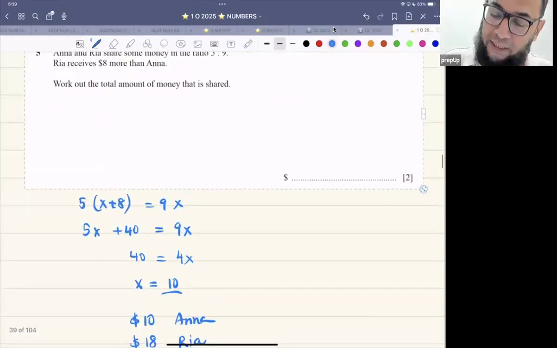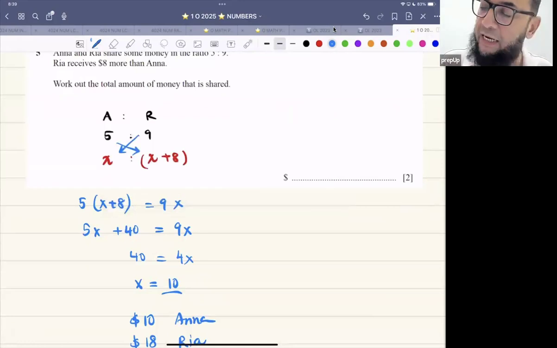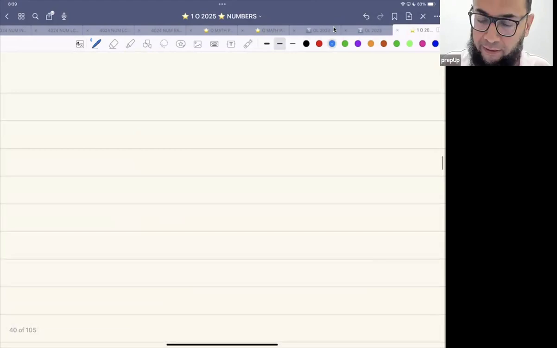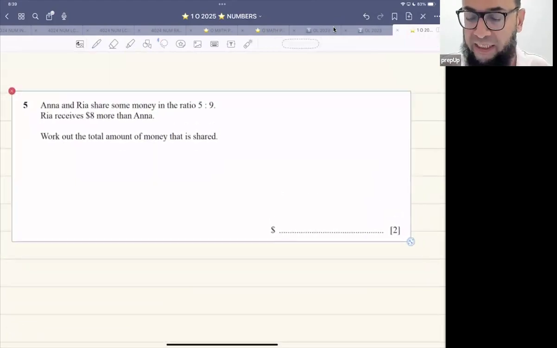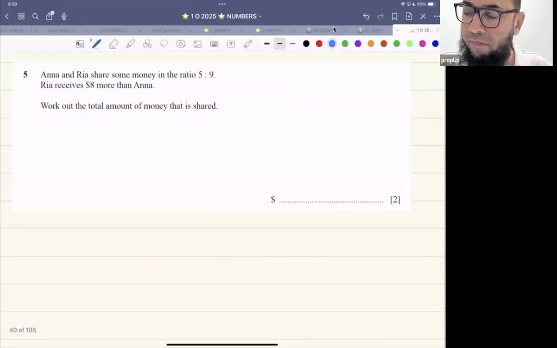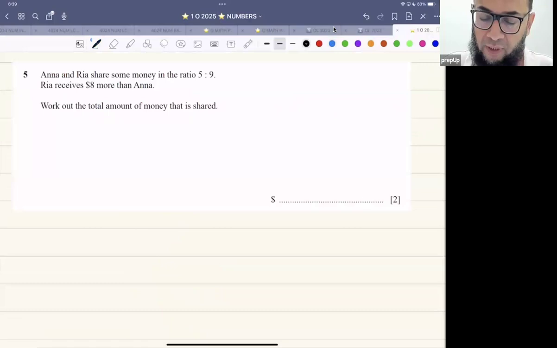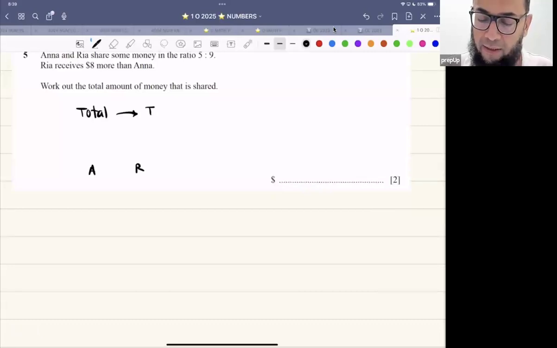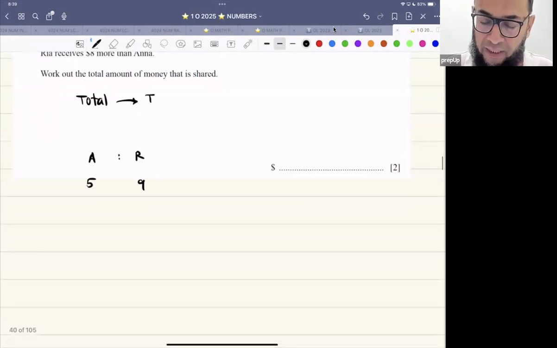Now, let me just copy this diagram and let me do it one other way. The total thing, if someone is interested in that. So then I have to work out the total, let it be T. So Anna, Ria, 5, 9, 5 and 9 is 14.